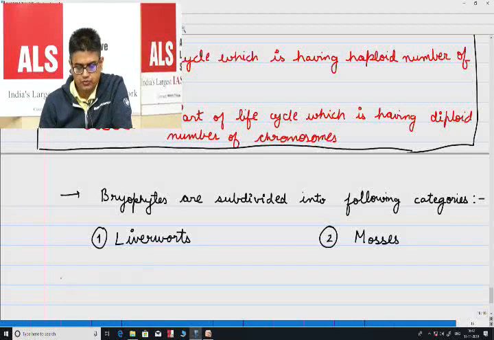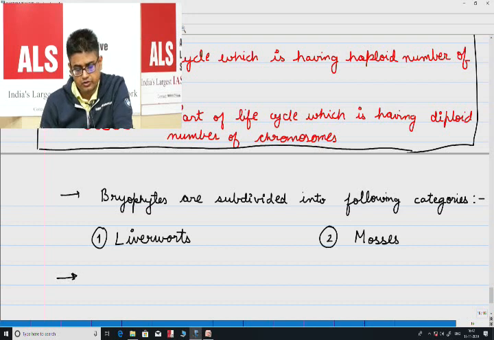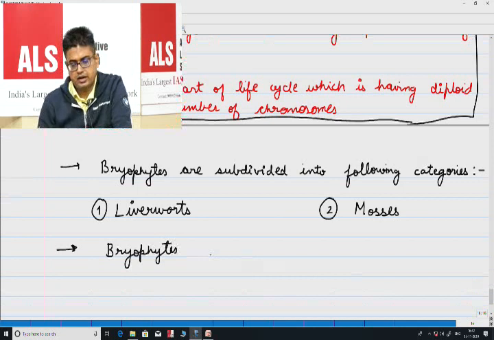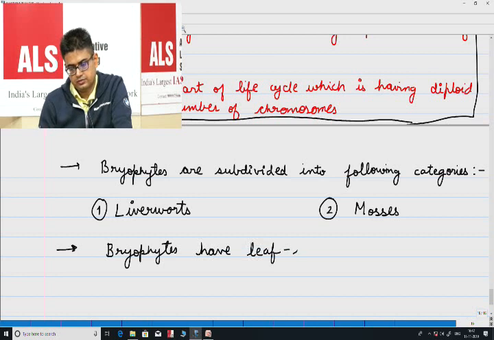Next, a few points about the general characters of bryophytes. Bryophytes are not true land plants, and they have leaf-like, stem-like, and root-like structures.